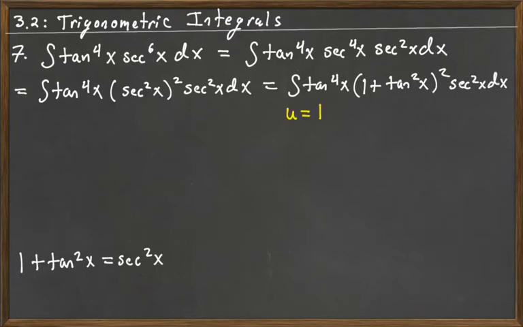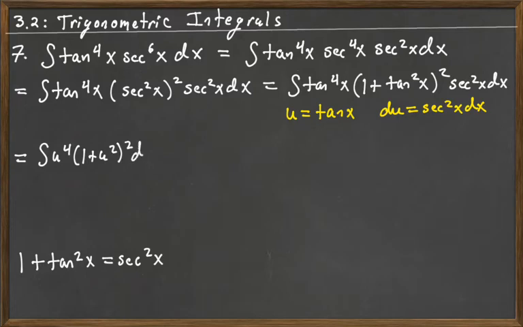All right, so we've converted everything to tangents, and we have a secant squared left over for our differential, so this is perfect. So u is tangent of x, du is secant squared x dx, and we got a nice clean substitution. This is going to be u to the fourth times 1 plus u squared, squared, du. When we FOIL that out, you're going to have u to the fourth times 1 is u to the fourth, u to the fourth times 2u squared, so 2u to the sixth, and u to the fourth times u to the fourth, which is u to the eighth.